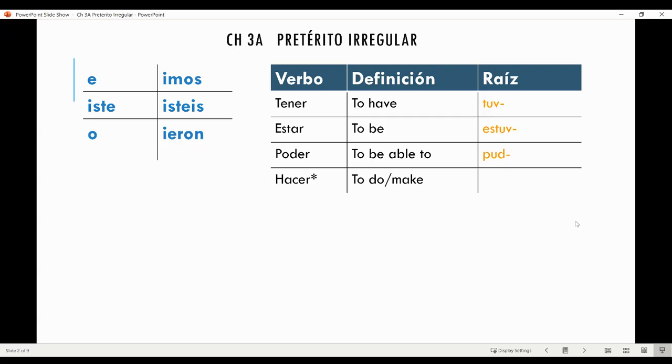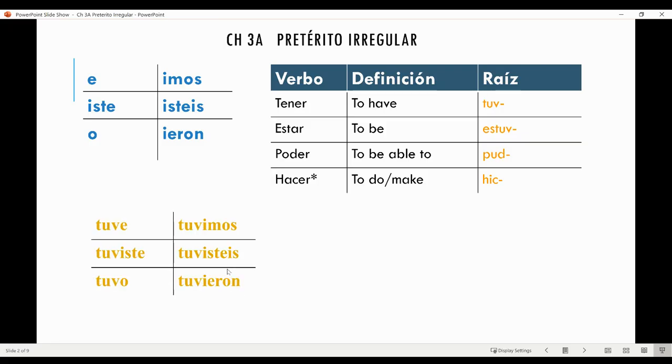And for hacer, we're going to keep hic as a stem, and then add these endings as well. So for tener, in the preterite, like I had to study, I had to do homework, it's going to be tuve, tuviste, tuvo, tuvimos, tuvisteis, tuvieron.